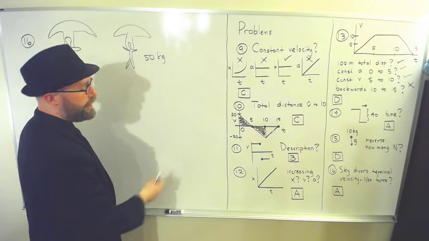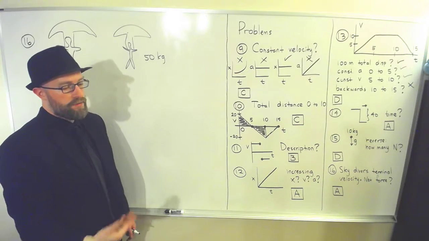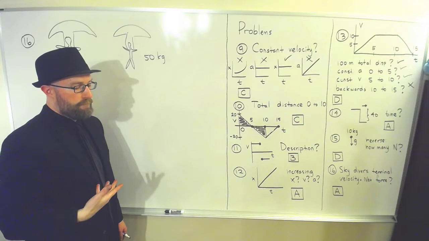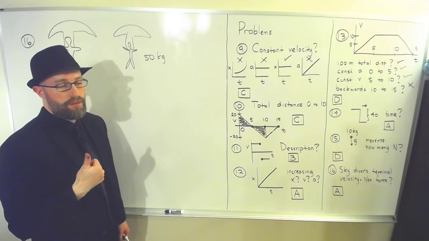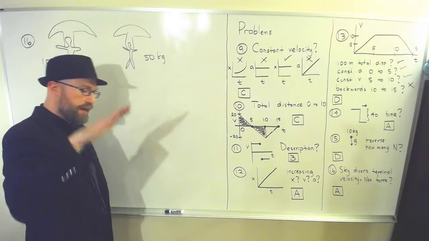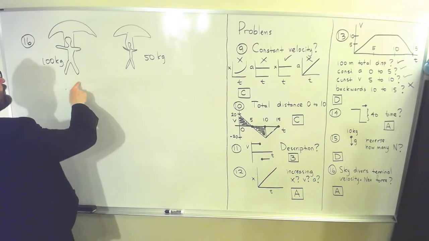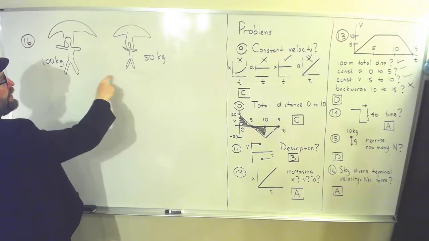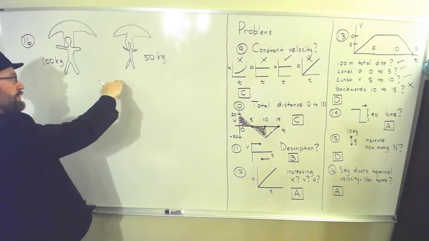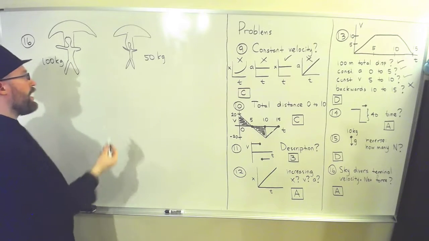So the idea is that it accelerates downward until it's moving fast enough that the wind resistance is enough to prevent further acceleration. So it's going downward at a constant velocity. And it says, is the net force on the bigger skydiver bigger or smaller than the net force on the smaller skydiver, and why?